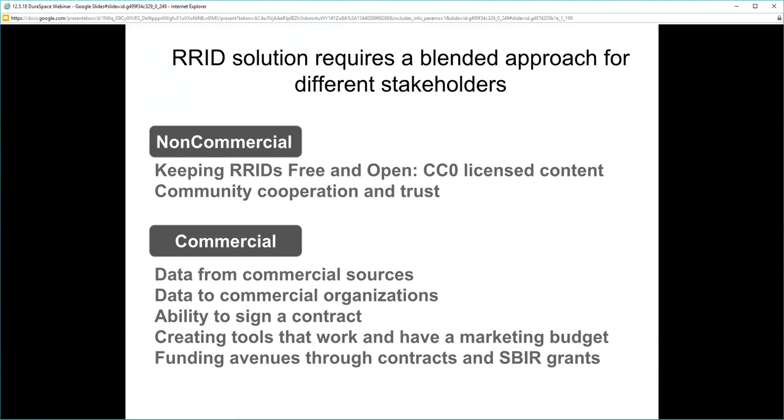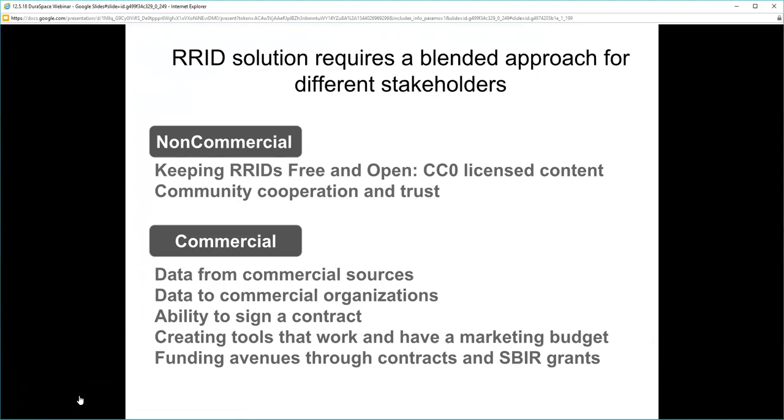We did not invent them. Lots of scientists use commercial reagents, commercial kits, and so these things are part of the landscape. We cannot ignore them. So again, funding avenues are one of the interesting parts.